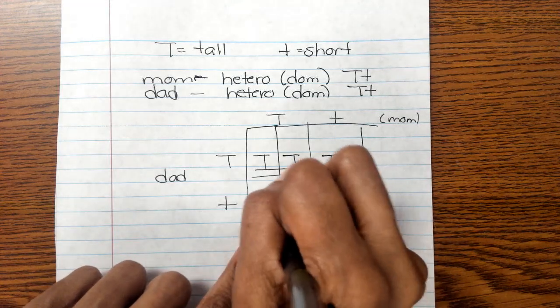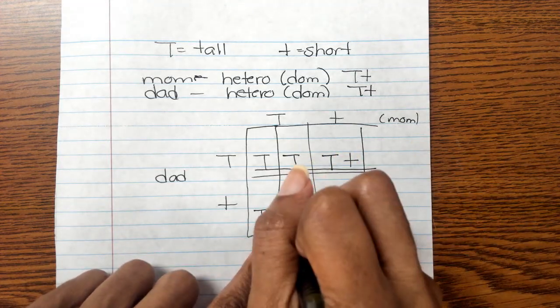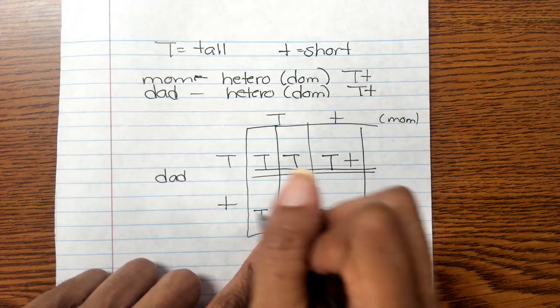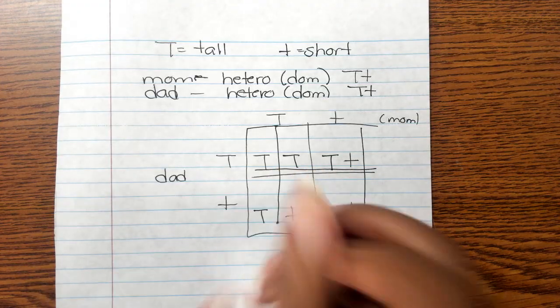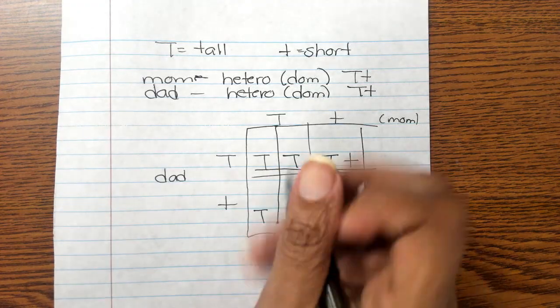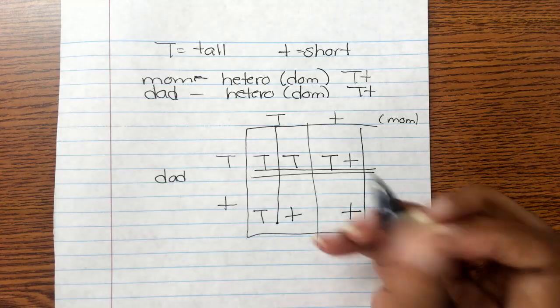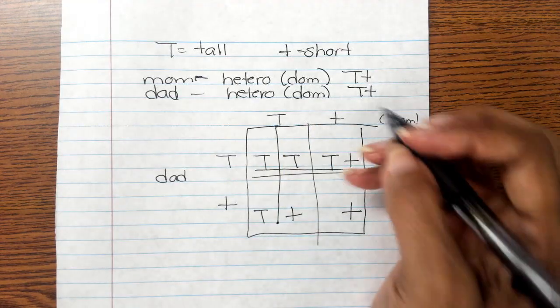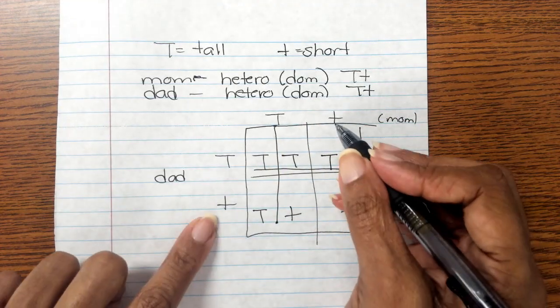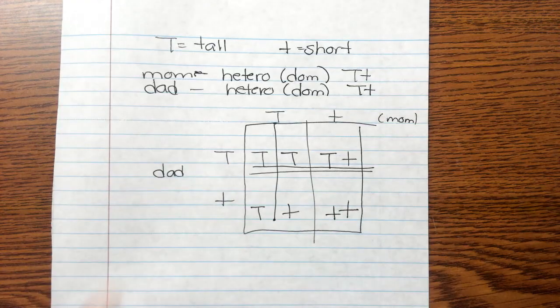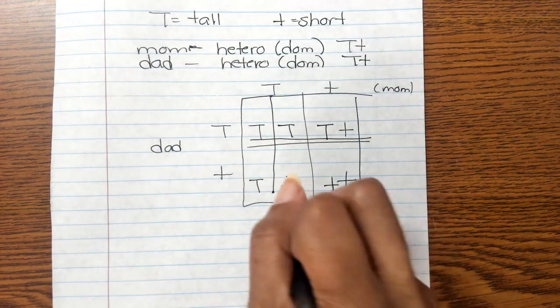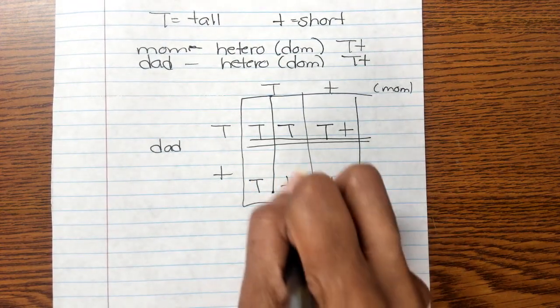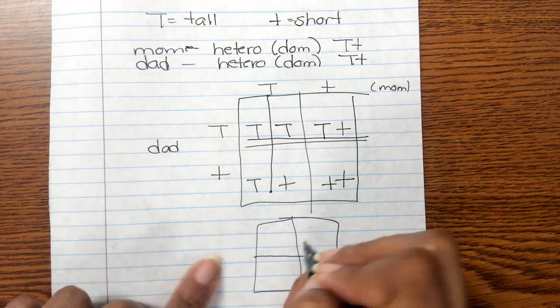Wait a minute, let me back up. Yep, that's right. So big T for mom, and then little t, little t. Okay, I'm going to rewrite that.